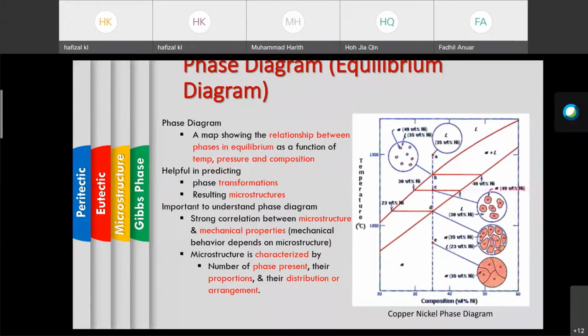So in the phase diagram we will see what will happen when we increase the nickel, in this case if we have this line around 35%. What will happen when we set 35% of nickel in copper?